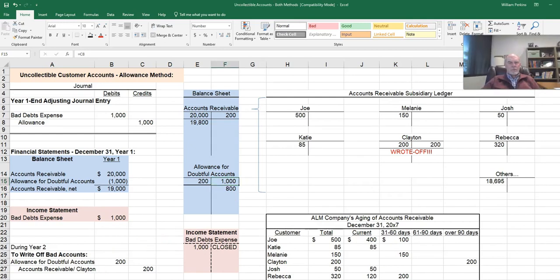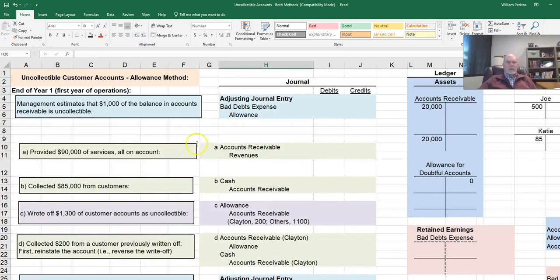So here I've got a few more transactions that we're going to go through. So again, we have $20,000 of accounts receivable. Now we get to the end of the first year, we estimate that $1,000 is uncollectible, just like we talked about before.